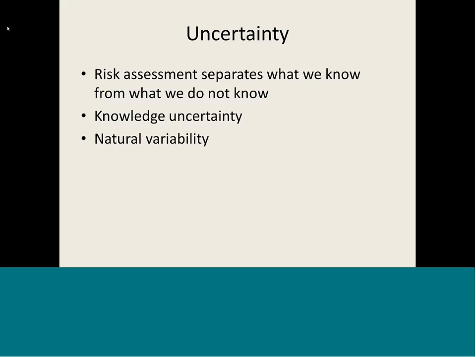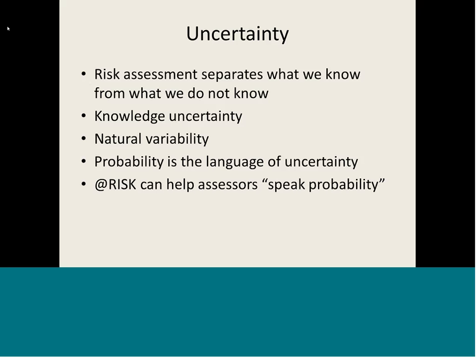And this is just capturing the randomness in the world, that we are dealing with very large food systems, very large natural systems in many cases, and there's just a lot of natural variability in the world. And that keeps us from knowing things with certainty. So as it turns out, if you're going to be doing risk assessment, qualitatively or quantitatively, probability is the language of uncertainty. And one of the things that you'll see as we move through this session this morning is that @RISK can help risk assessors to speak probability.